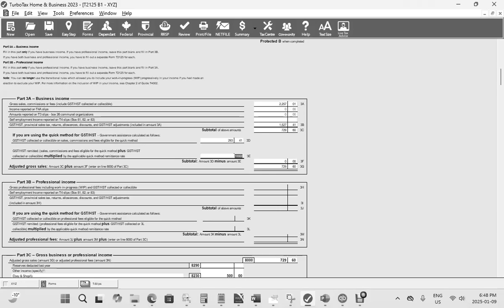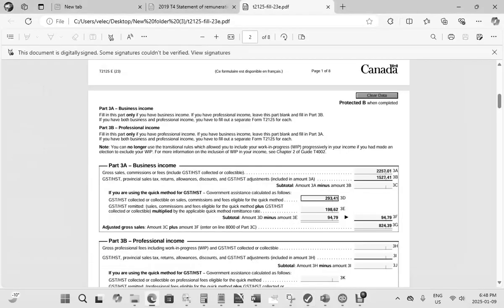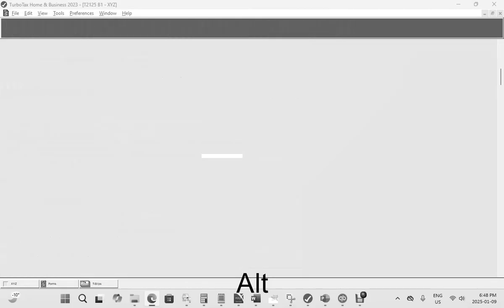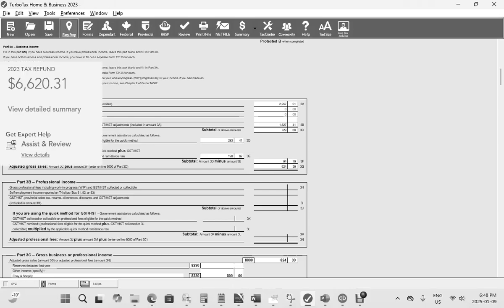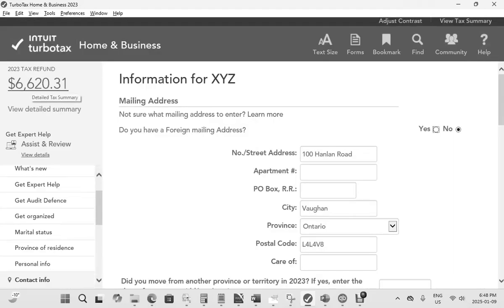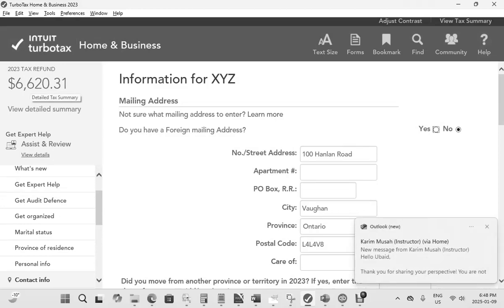So 3E, let's change it back to what it was. Let's say it was $198.62. And notice your tax refund is back to what it was before. It's $6,620.31.